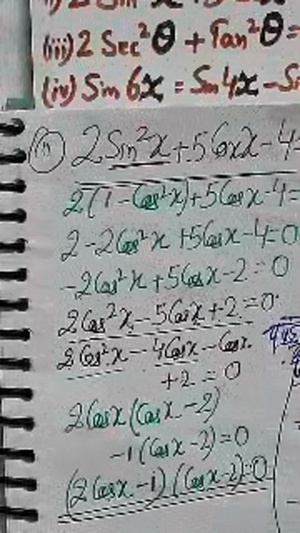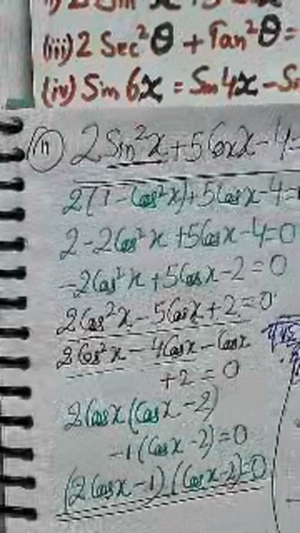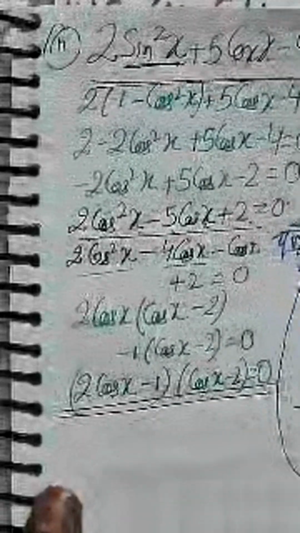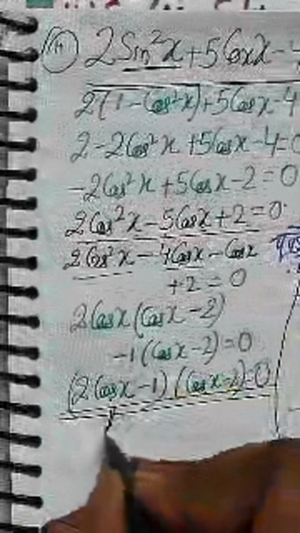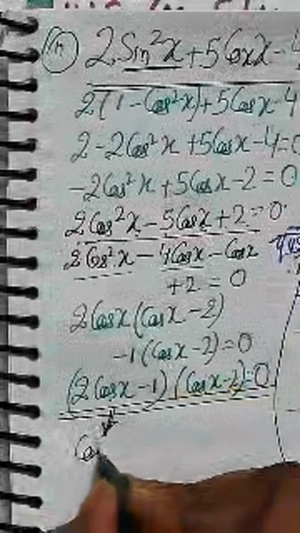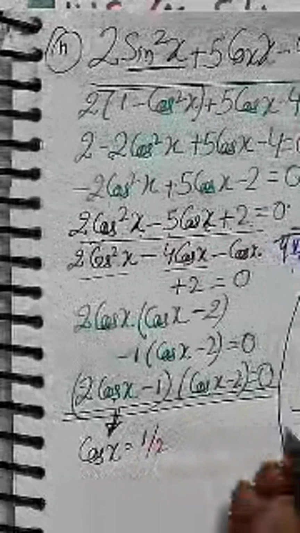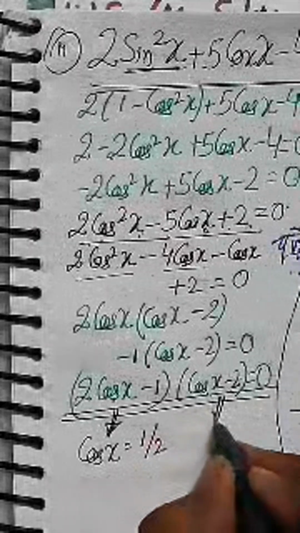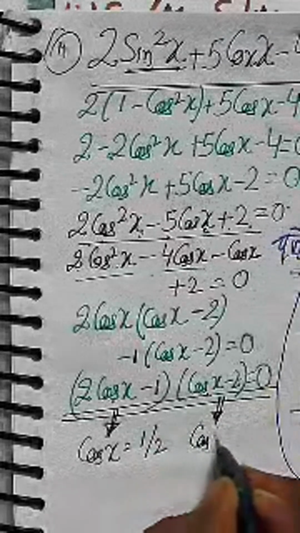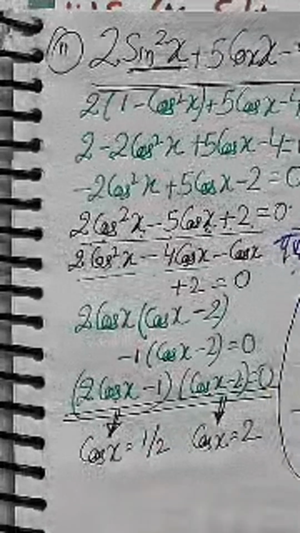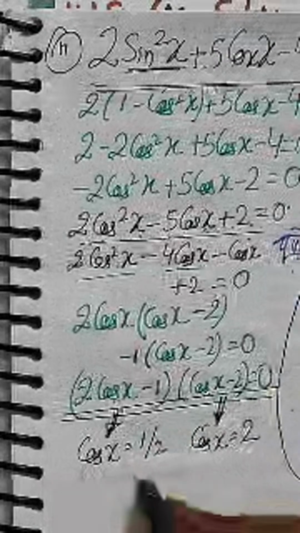So let us write it. Either cos x is 1 by 2 or cos x is 2.